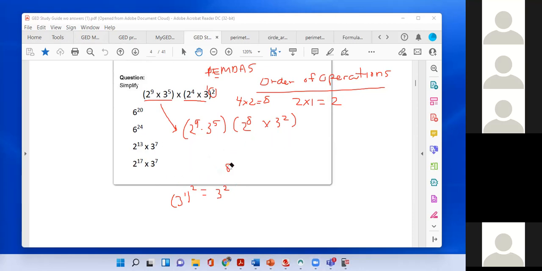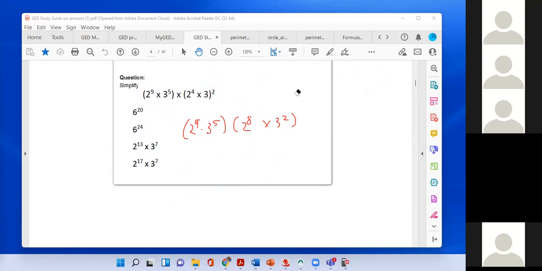So now I'm going to erase this portion here, and this here, and all of this here. So now we have come to this point. Remember, understand your rules: exponents with the same base. Do we have exponents with the same base? Tell me what they are.